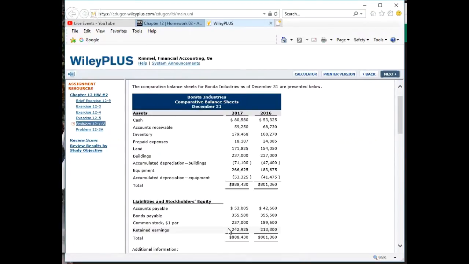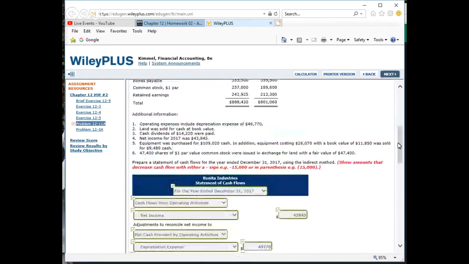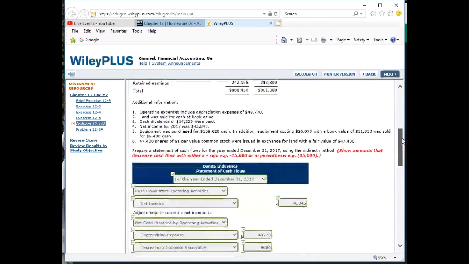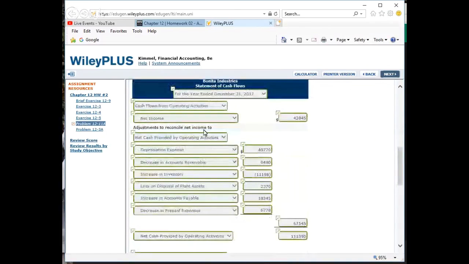To figure out the values, we will take the 2017 year and subtract the 2016 year and see the change, the increase or decrease in each value. We have additional information down here at the bottom, and we just plug in all of the values as we go.